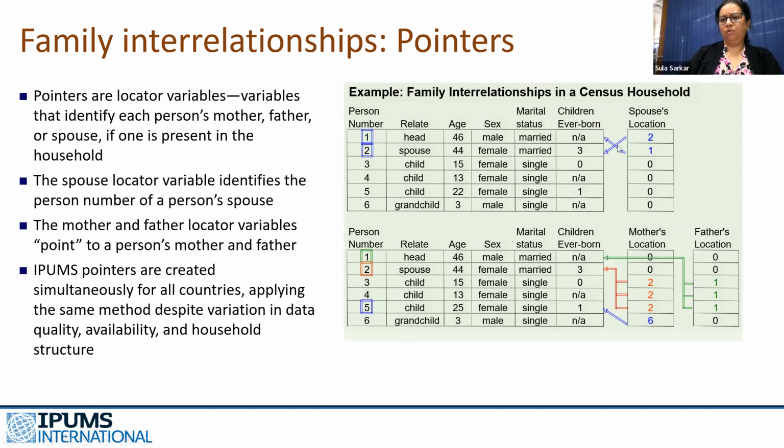I'm not going to go into a lot of detail on this visual, but here is person number, you have their relationships. You can say who is the spouse by the spouse's location. You can also do mother's location and father's location. So a lot of this calculation is done for you. So that's one of the value added things of IPUMS. If you download the data, you automatically can download these variables for your analysis as well.